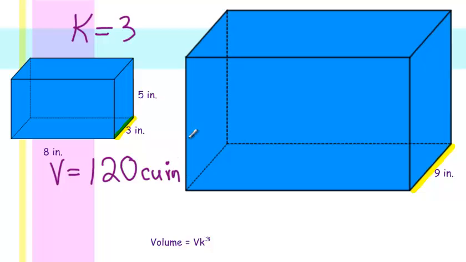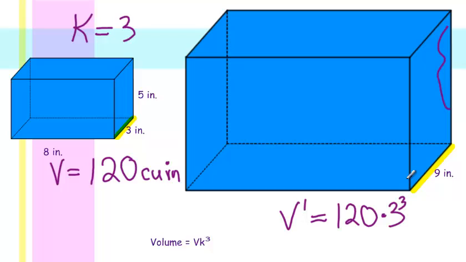Now we could do this a couple of ways to find the new volume, but I think the hard way would be to find the new length by multiplying 5 times 3 and get 15, and multiply the base, the 8, by 3 and get 24, and then figure the volume. But it might be just as easy to multiply the original 120 times 3 cubed.